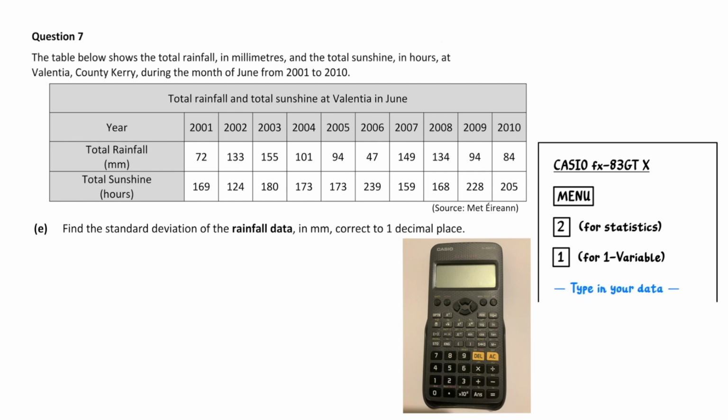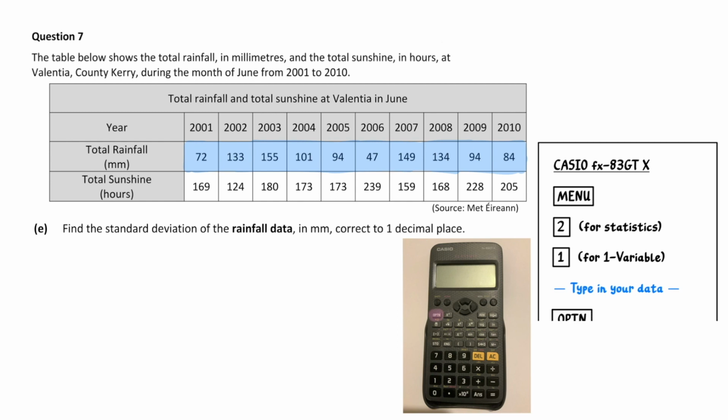From here, we need to type in our data. We want the standard deviation of the rainfall data, so these are the numbers we'll need to type in. 72, 133, 155, 101, and so on.